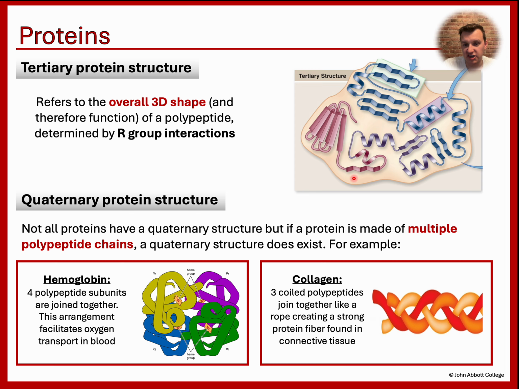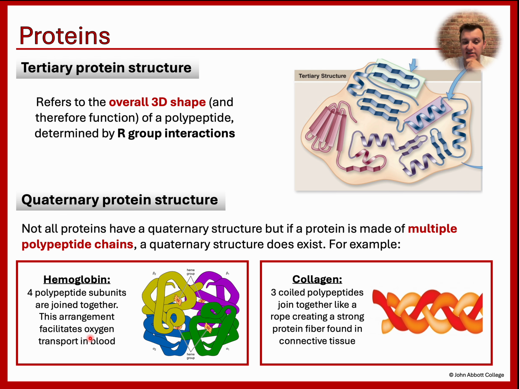If you follow the chain, right, it's one long strand of amino acids. So this is not going to have a quaternary structure. But this protein here, right, has 1, 2, 3, 4 separate chains, right? So a hemoglobin has four polypeptide subunits, and they're joined together through weak bonds.